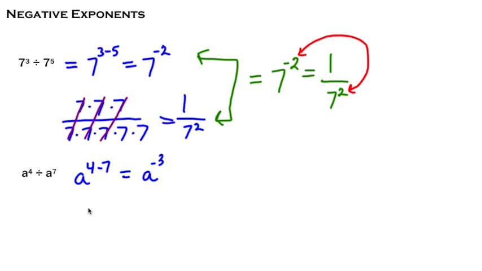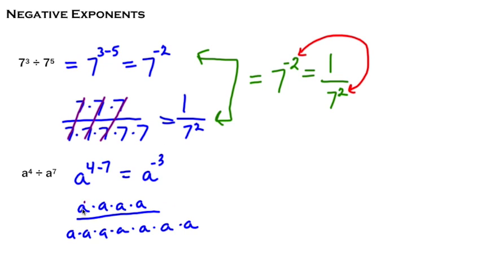Now, if we want to watch that magic again using direct calculation, I have a times a times a times a divided by a times a times a times a times a times a times a.